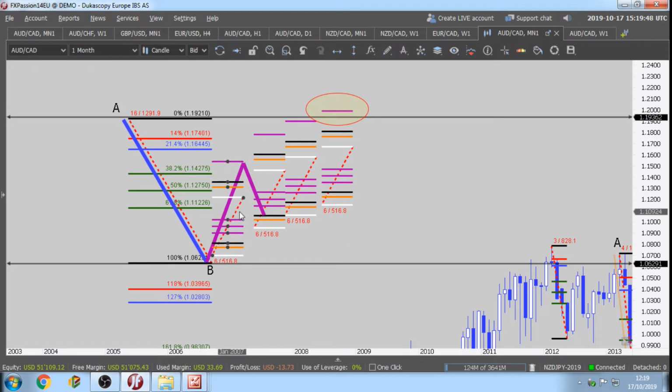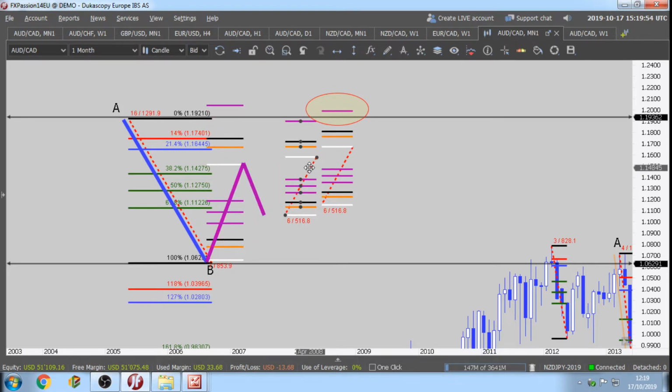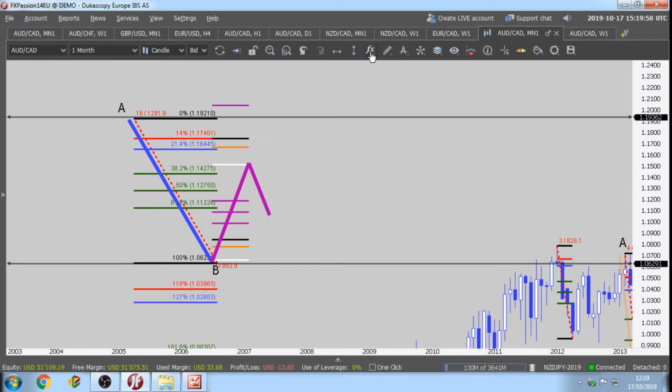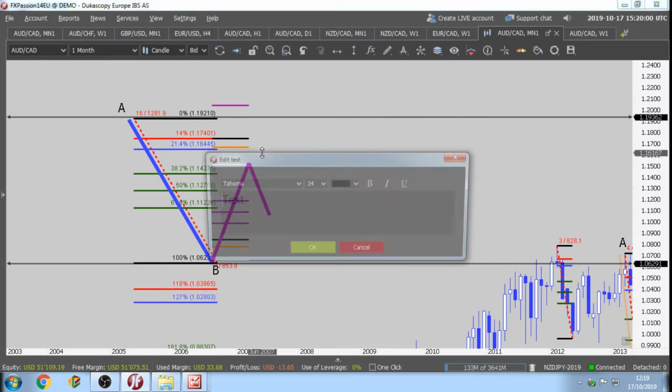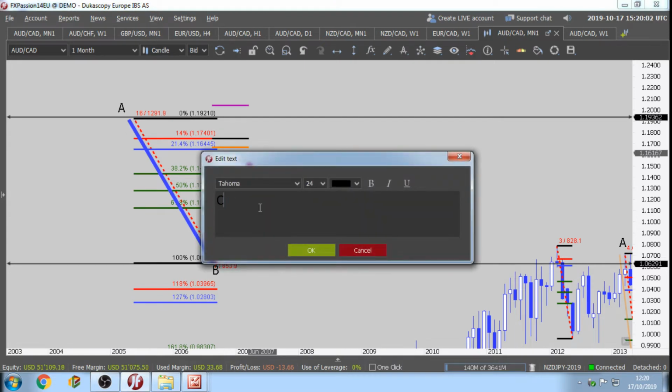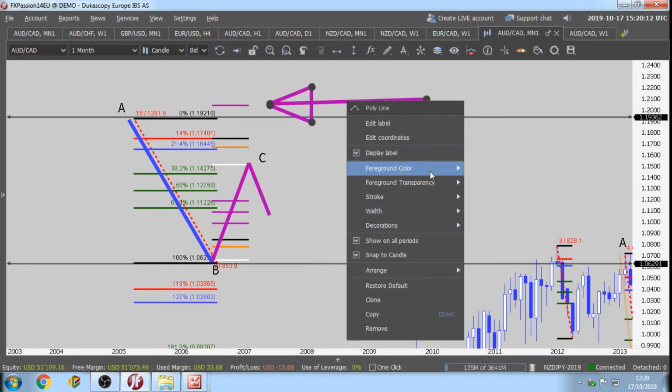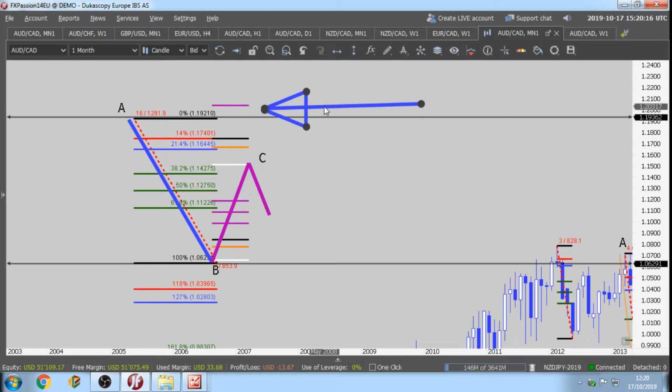The market shot up like crazy, so your contrarian Fibonacci is like this, right? So you have a confirmed C right now. Why is that? Because by the rules, the maximum extension is above the A. You have a confirmed C.